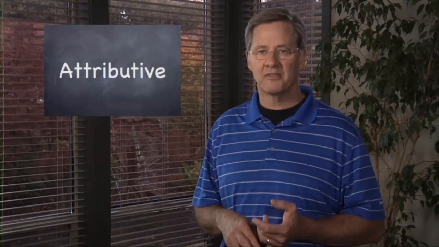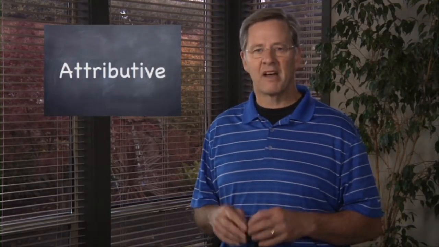There are 3 basic types of adjectives, and the first is called an attributive adjective. Now, this is by far the most common use of adjectives in both English and Greek. And all that an attributive adjective is doing is giving an attribute of the head noun. The head noun is the noun or pronoun that the adjective is modifying.